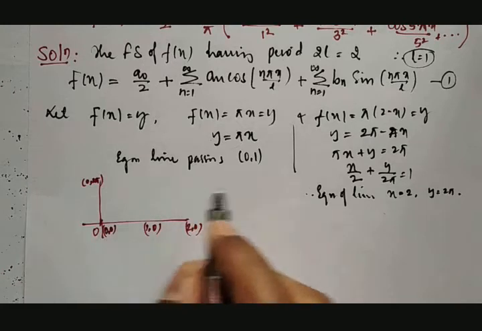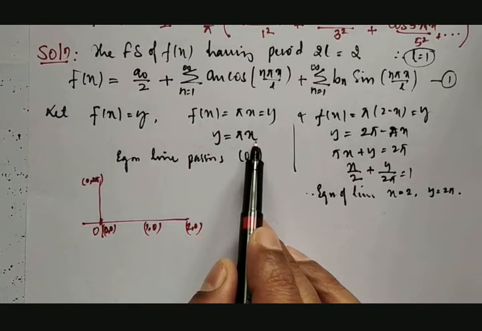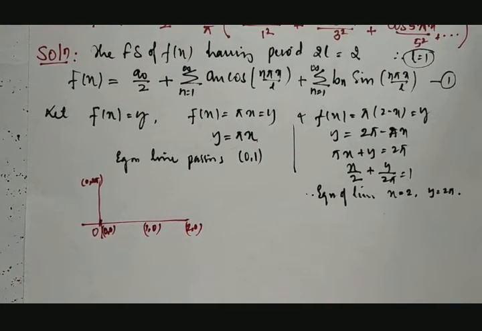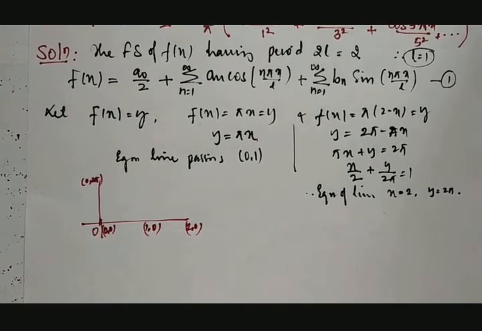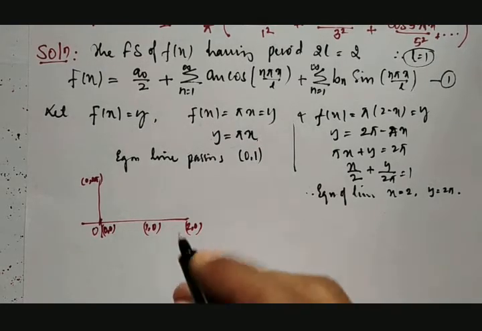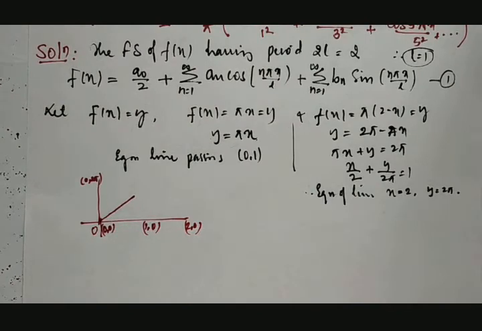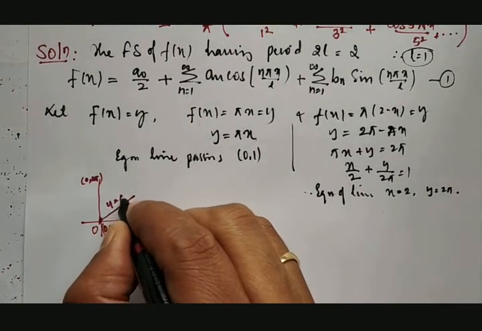Then y is equal to f of x is a simple equation of a straight line passing through the origin. Fine. Y is equal to pi x.